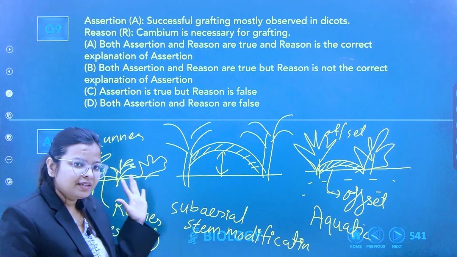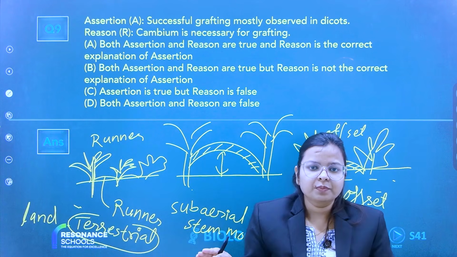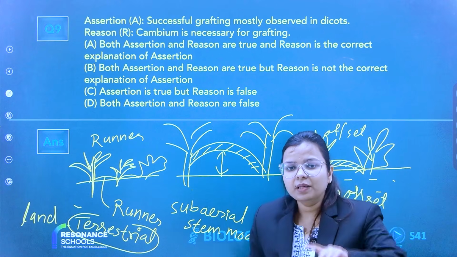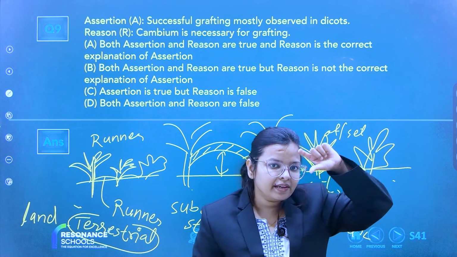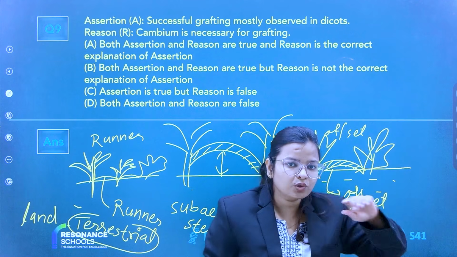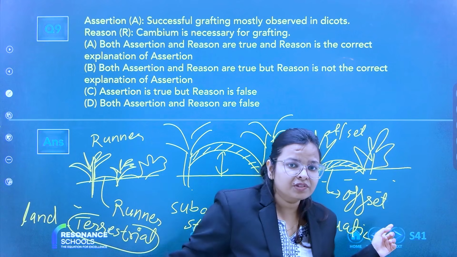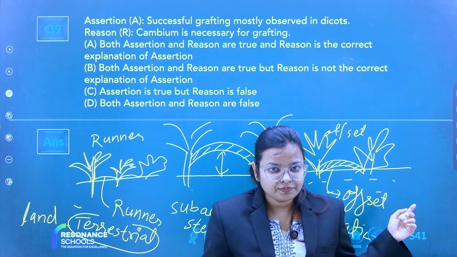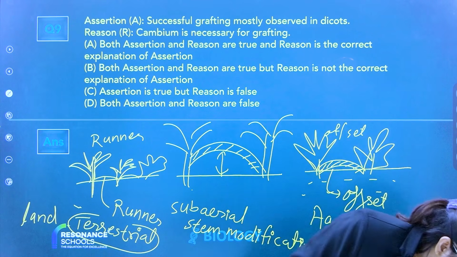You have seen grass out there; you cannot see the branch in the air. But in stolon the branch will grow and for some time it is in the air, and again it grows downward, so an arch is formed there. There is no arch forming in runner and offset.